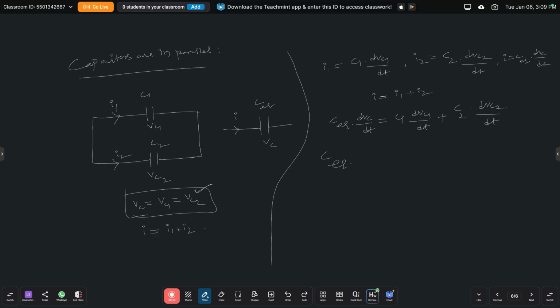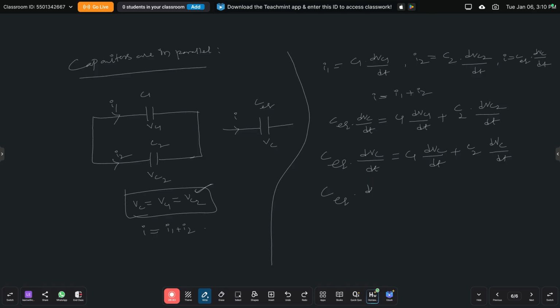So C equivalent dVc by dt equals C1 dVc by dt plus C2 dVc by dt. From the RHS again we take dVc by dt as common.